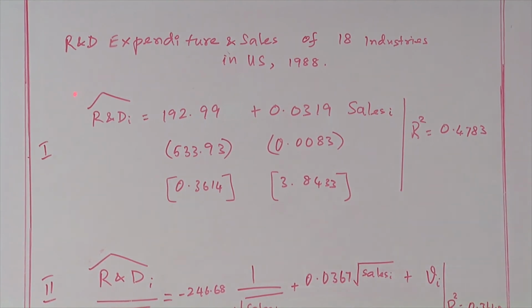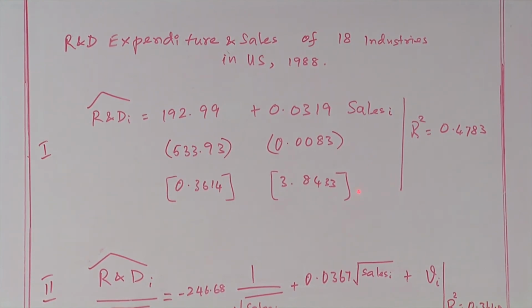In that, the relationship between the research and development expenditure and sales of 18 industries in US in 1988 is given. The first model, the ordinary least squares model, gives the results like this, and it was confirmed in the example that the model has got the heteroscedasticity problem.